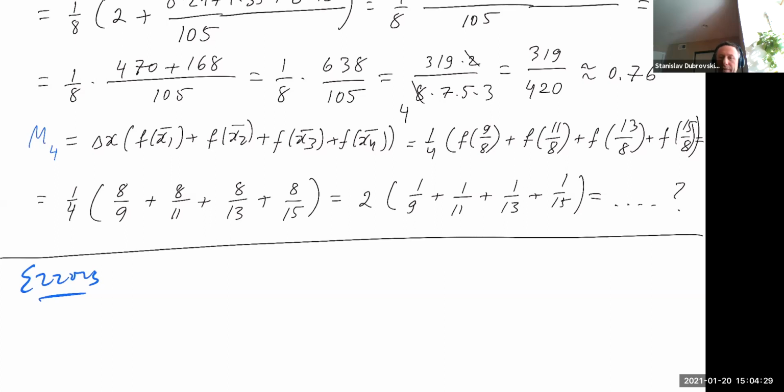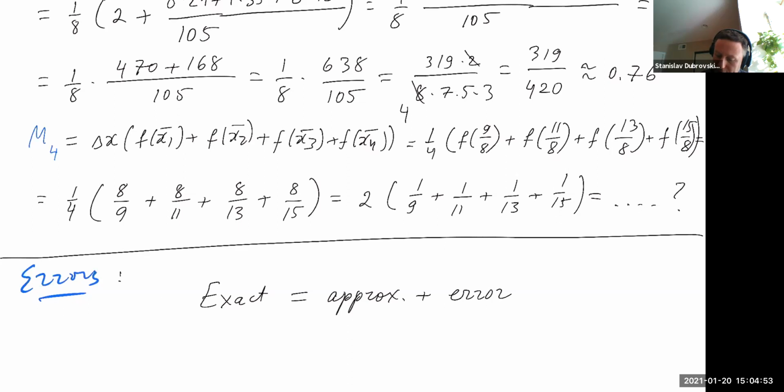That's the amount that we miss the exact answer by. In other words, the exact answer is understood as the approximation, that could be either of our rules that we've introduced so far, plus the error.